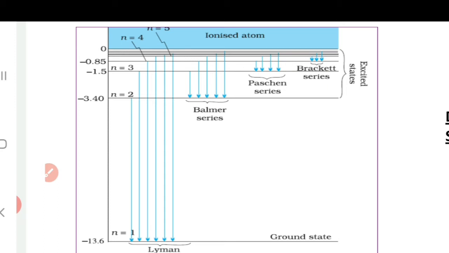Corresponding to a transition from one energy level to another, one photon is emitted according to the Bohr model. What is the energy of that photon and what is its wavelength? Such things we will discuss now.